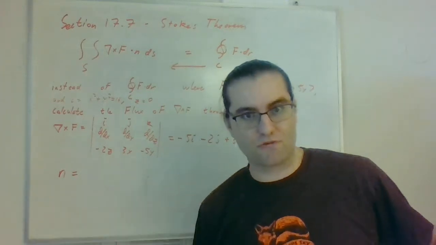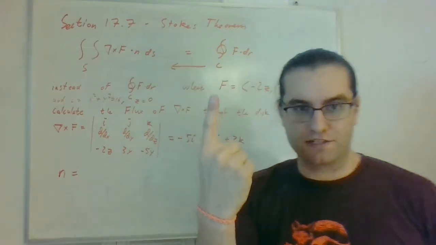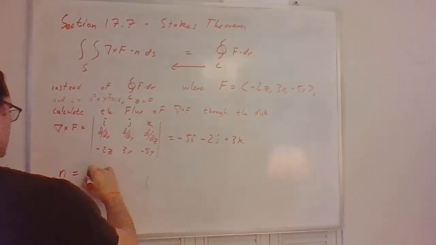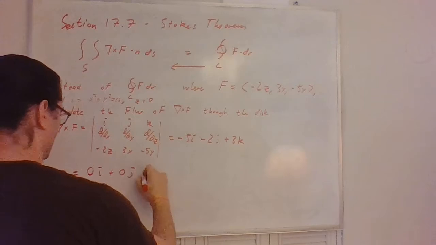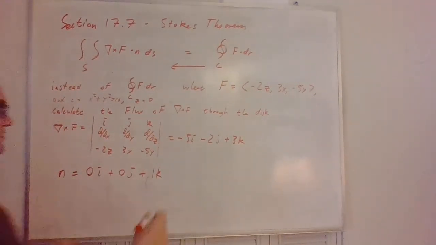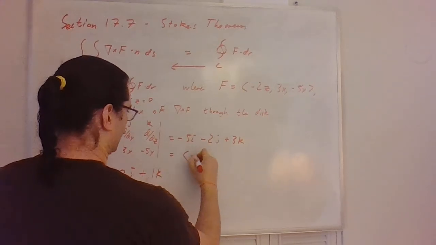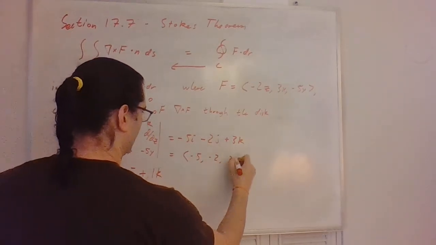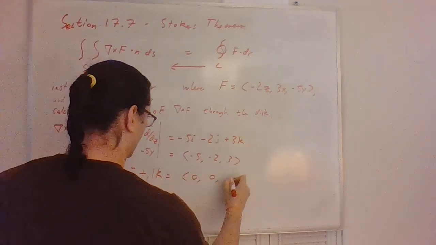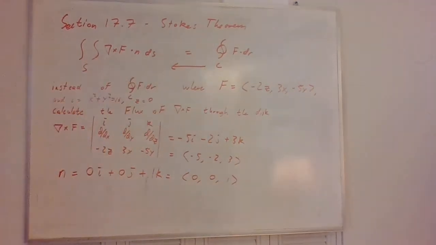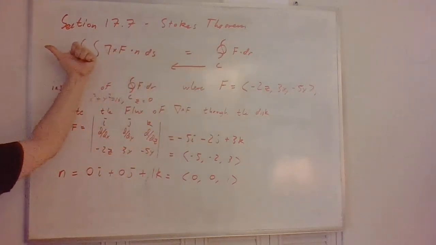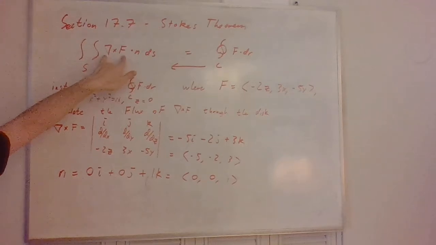It means the vectors that are normal to it are just k. 0i plus 0j plus 1k. This is the normal vector. Or if you want to do these in brackets, this would be negative 5, negative 2, 3, and this would be 0, 0, 1.